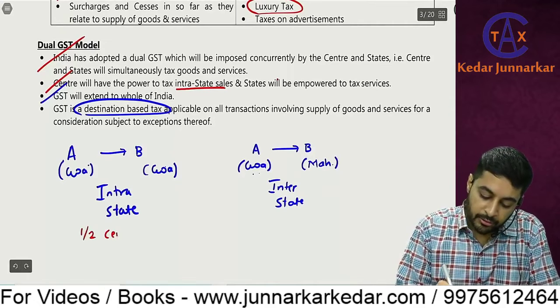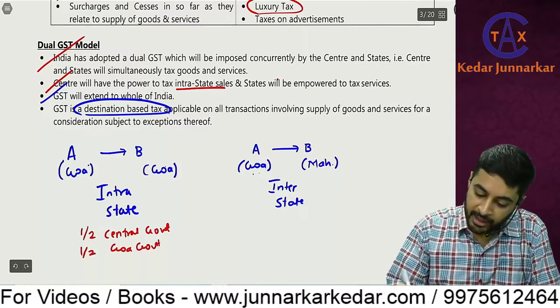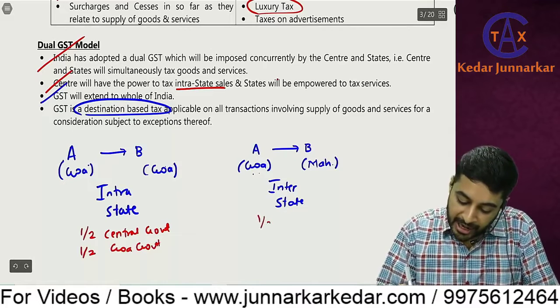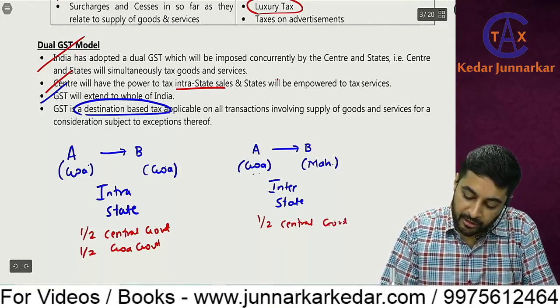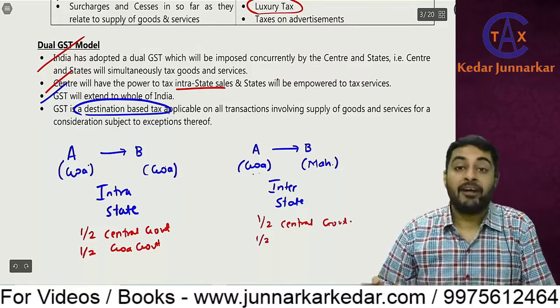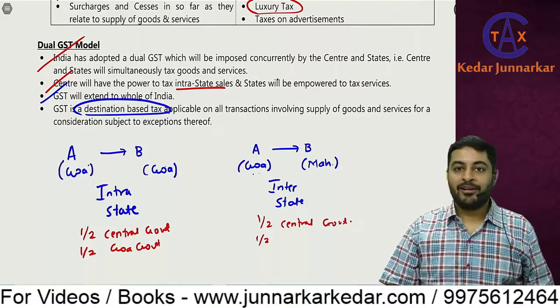Half GST will go to central government and half to Goa government, government of Goa. Goa is a state. What about the second? Half will go to central government and half will go to which government? Government of Goa or government of Maharashtra? It will go to government of Maharashtra.